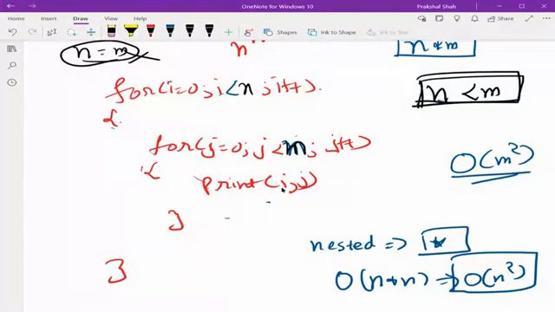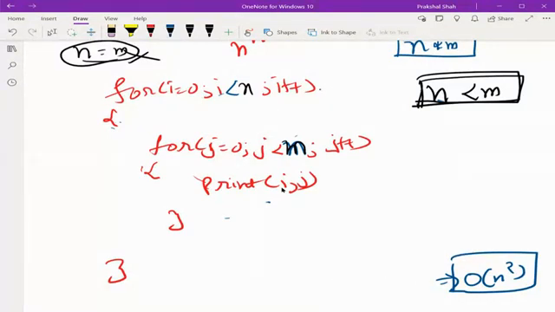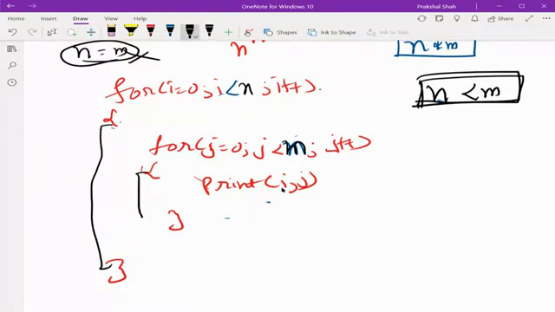Okay, so if my n is less than m, can I say my m is bigger here? And this is my nested complexity. Suppose I have x here and y here, then my answer would be x into y, right? So here my m is bigger compared to n. So can I say it will be like a dominating term?